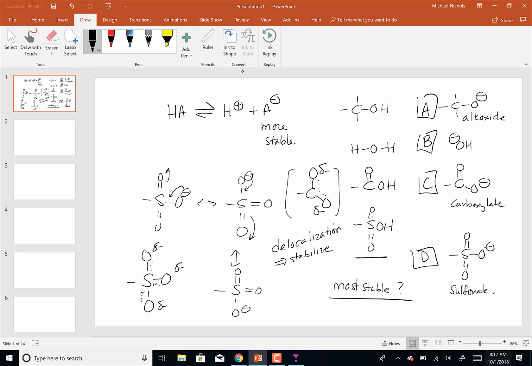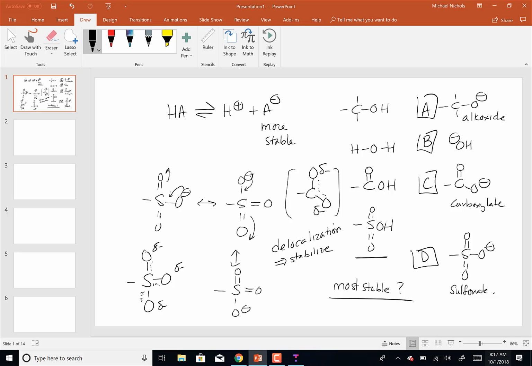So a sulfonic acid is the strongest of the group, followed by a carboxylic acid. And you know that because it's a sulfonic acid and it's a carboxylic acid. So therefore, what are they? Acids.